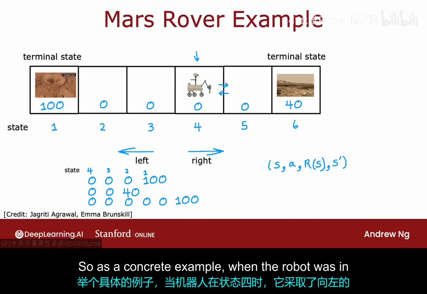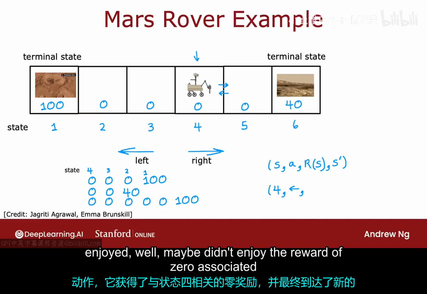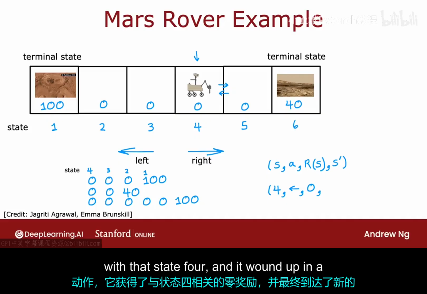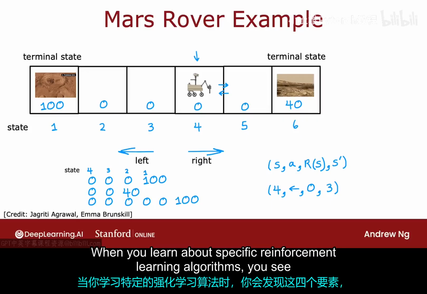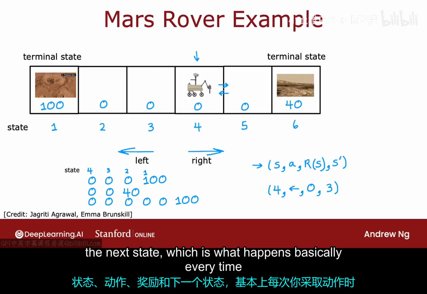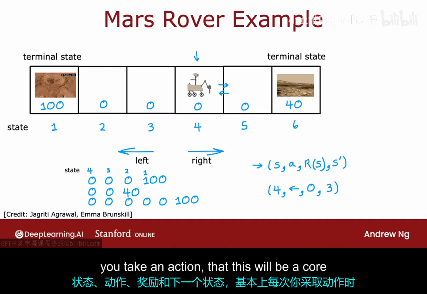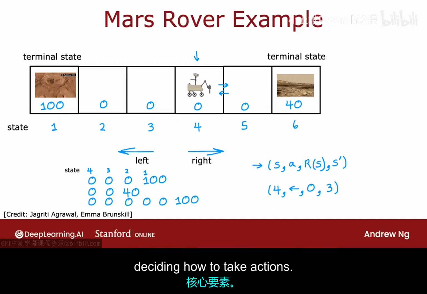So as a concrete example, when the robot was in state 4 and it took the action go left, it enjoyed, well, maybe didn't enjoy the reward of 0 associated with that state 4, and it wound up in a new state 3. When you learn about specific reinforcement learning algorithms, you'll see that these 4 things, the state, action, the reward, and the next state, which is what happens basically every time you take an action, will be a core element of what reinforcement learning algorithms look at when deciding how to take actions.